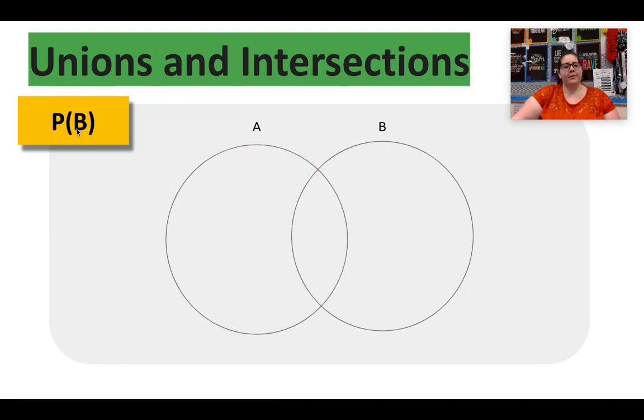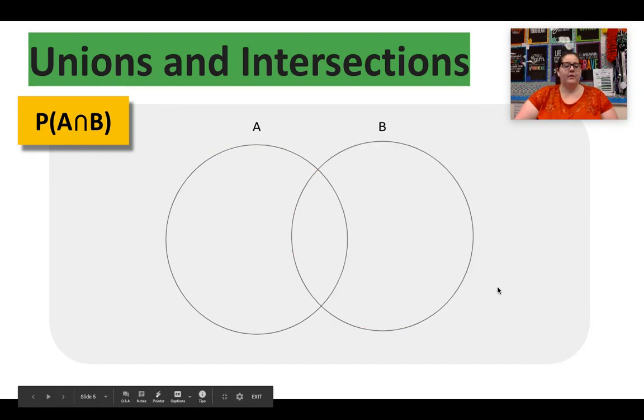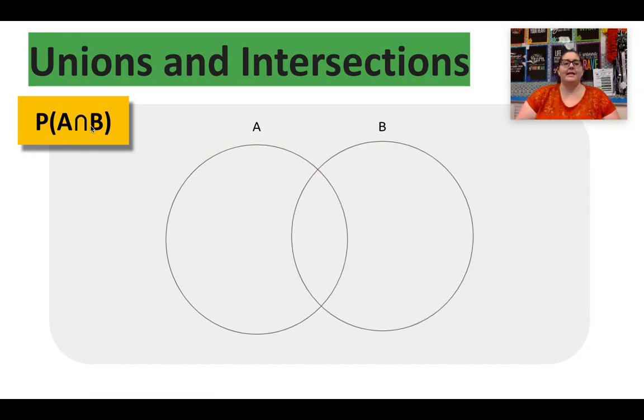So similarly, probability of B would be the entire circle of B. Probability of A and B, so this upside down U shape is the intersection symbol, right? It means probability where both things are occurring simultaneously, and that would be the overlap area.